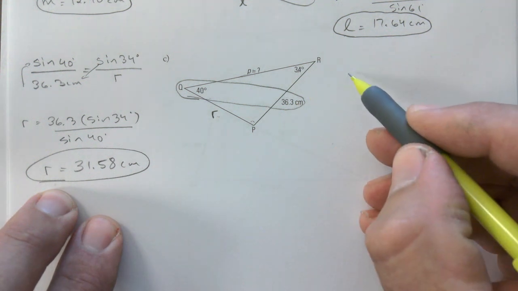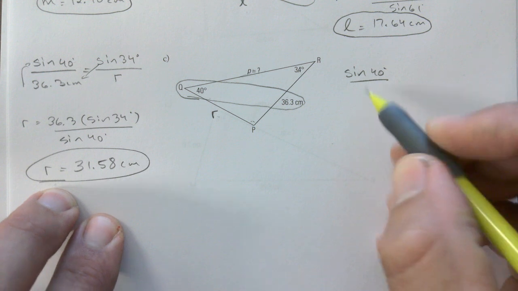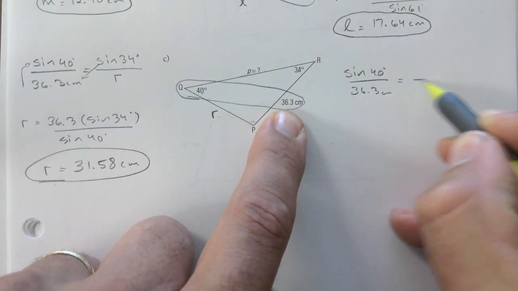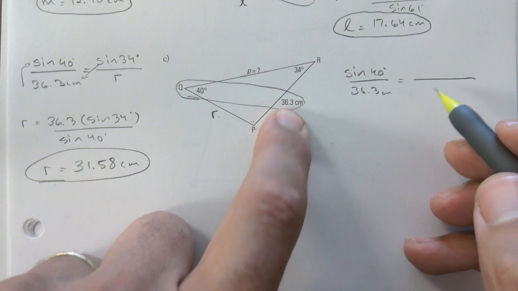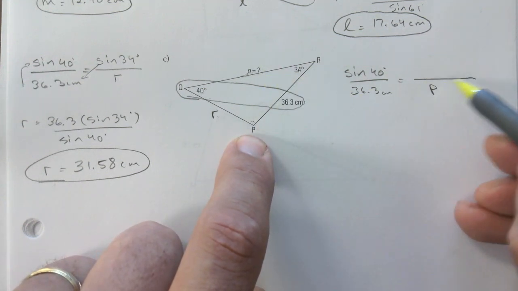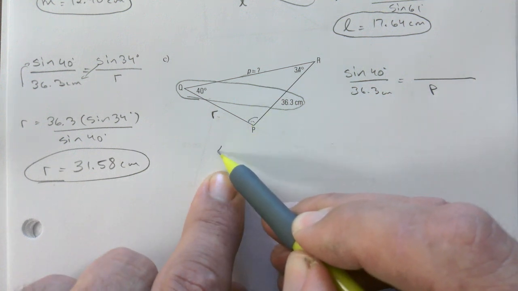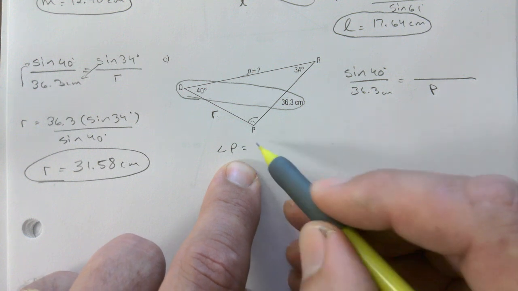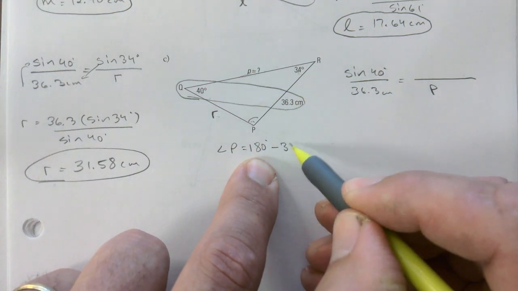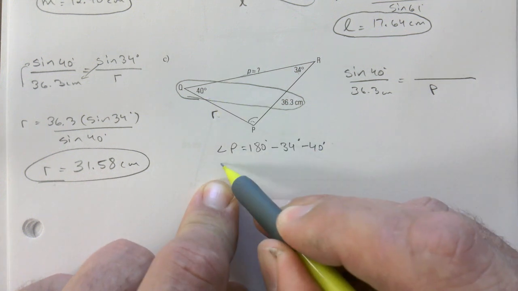Okay. Next we have sine of 40 over 36.3. I start with that same pair again. However, if I want to find lowercase p, I have to have sine of this angle next, right? So I want you to show this step here. Just go 180 minus the 34 minus the 40, right?